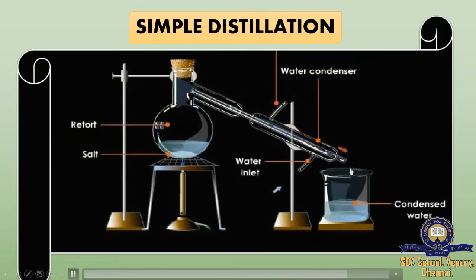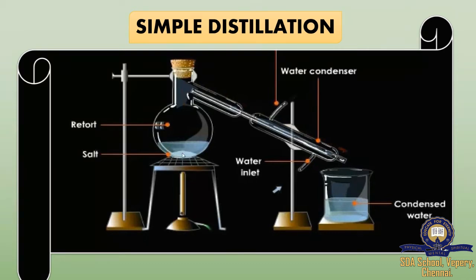Those droplets of water get collected, which is known as the condensed water, and thus the final salt gets sediments in the retort itself. Thus we got the water as well as the salt. Thus we separated salt and water from the salt solution.